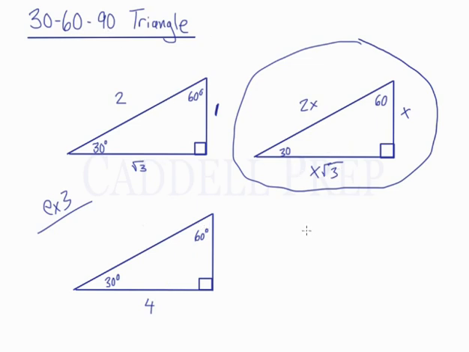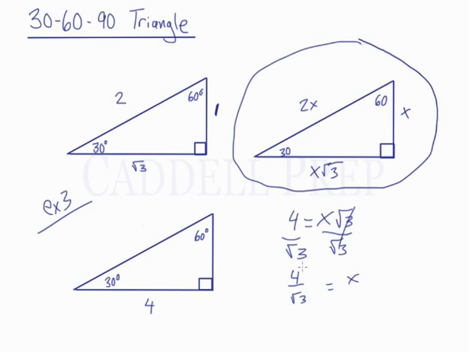So that means we have 4 equals x radical 3. If we could figure out what x is, then we'll know the side opposite to 30 and the hypotenuse. So to solve for the x, we just divide by radical 3. So we have 4 over radical 3 equals x.